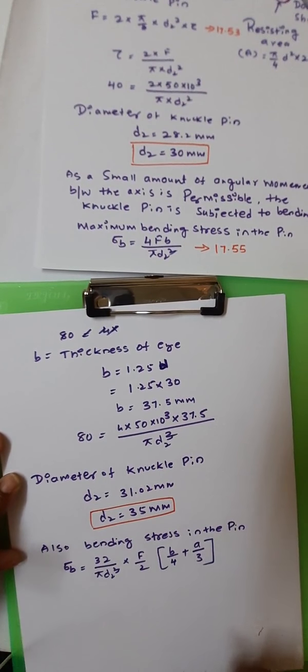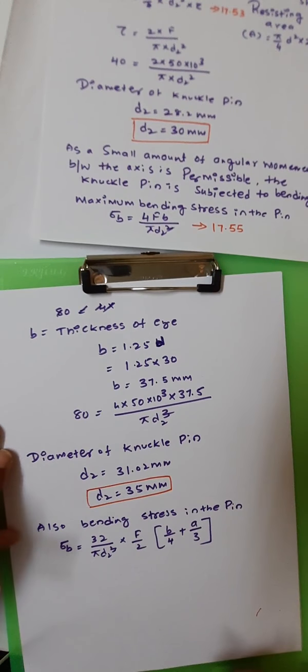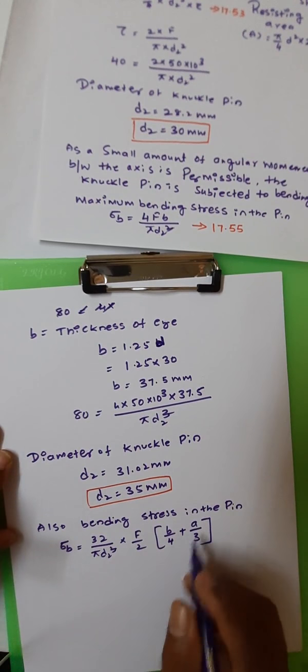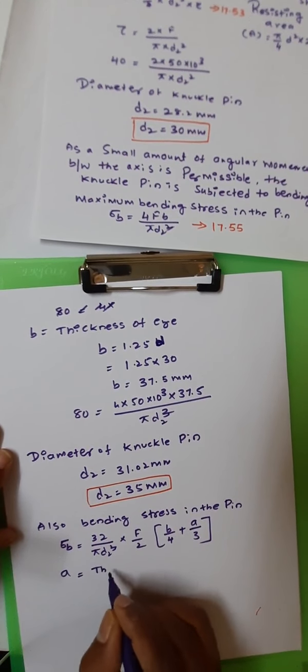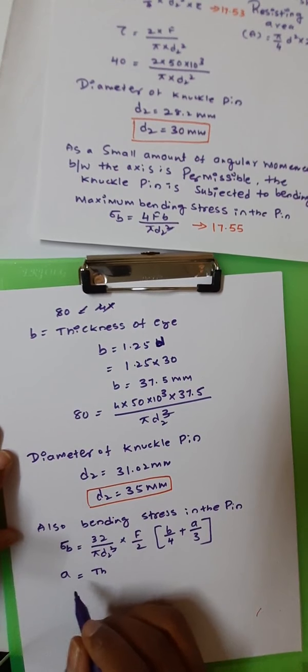From the geometry of the figure that we discussed in the design procedure, here we need to find the thickness of the fork.